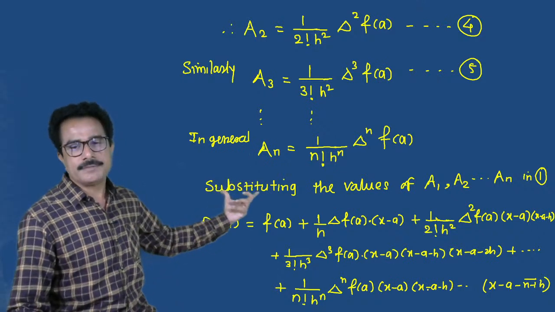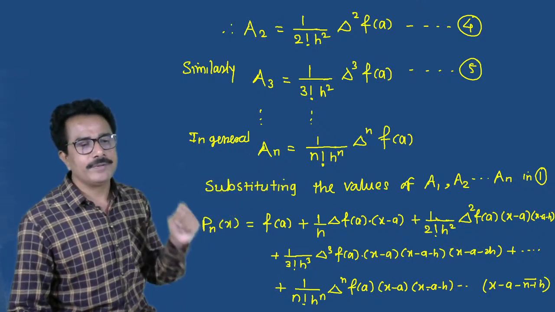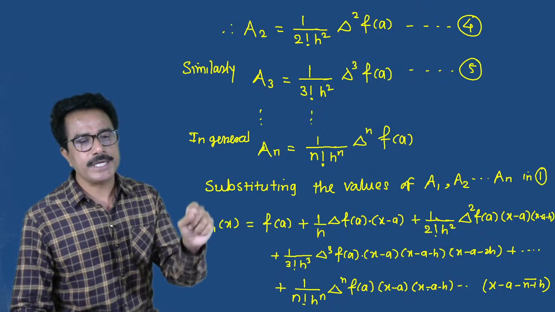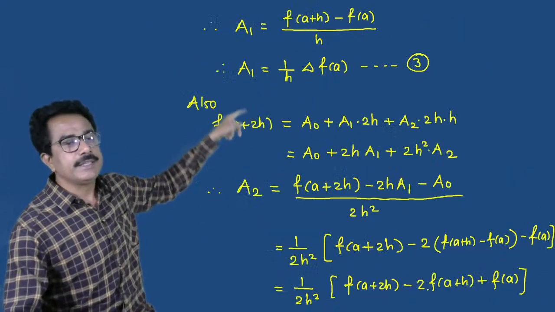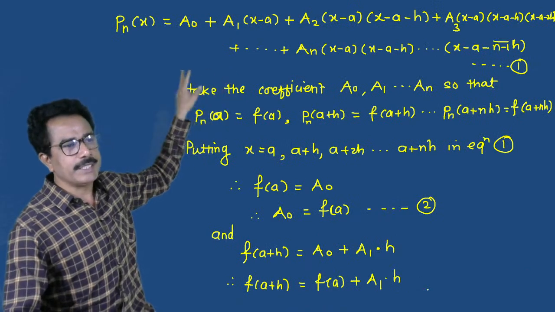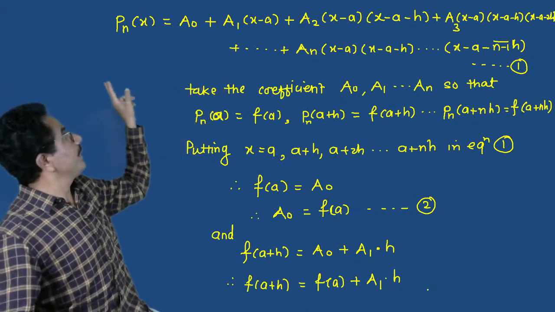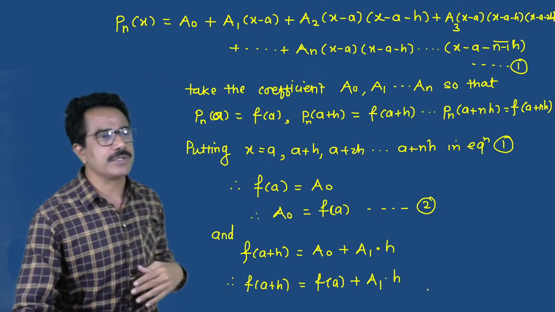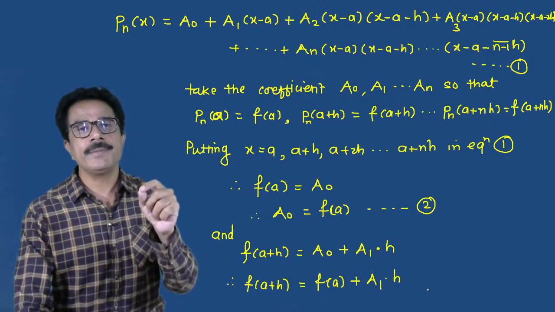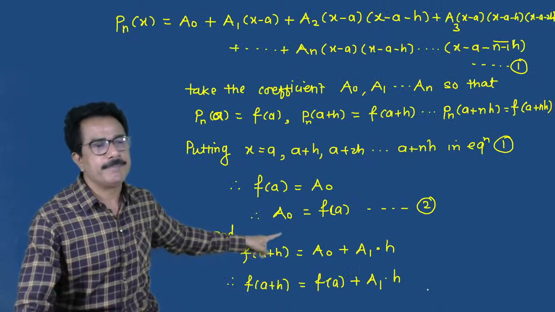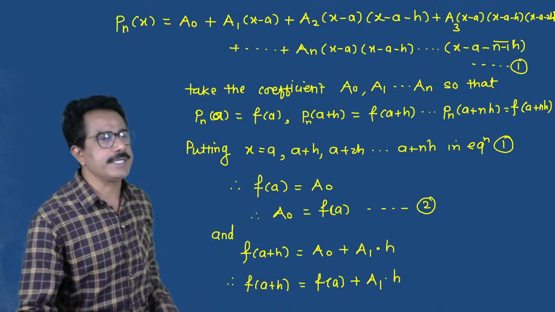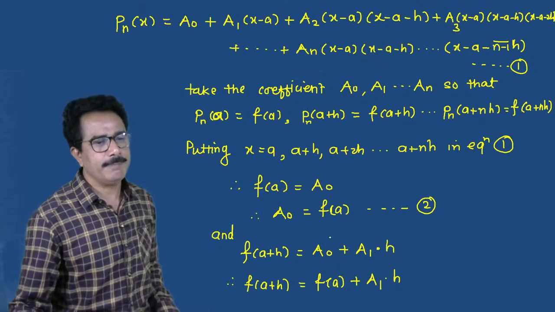Now putting the values of A1, A2 dot dot dot An, हे जे कॉन्स्टंट आहेत निघालेले ते इक्वेशन 1 मध्ये ठेवा. So we get Pn of x is equals to A0 means f of A. Put this f of A in this case. इथं f of A ठेवा.